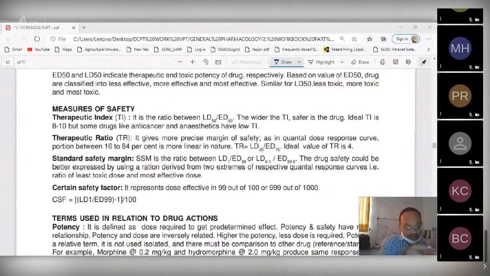Now, the therapeutic index of anti-cancer drugs and anesthetics is very narrow, especially for anesthetics. Because of that, anesthesiology has emerged as a super specialization branch in medical science as well as in veterinary science. The therapeutic index of anesthetics is around 1.2 or 1.5 or 1.6.